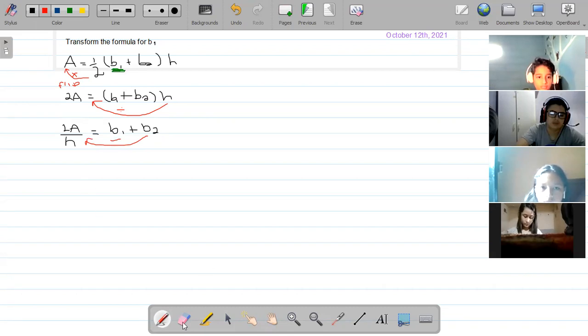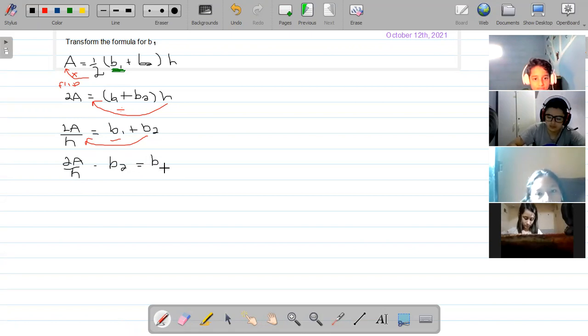So we're going to have now as a final answer 2A over h minus B2. Okay, the minus goes outside of the fraction that we had already. It does not go inside the fraction. It is 2A over h minus B2.